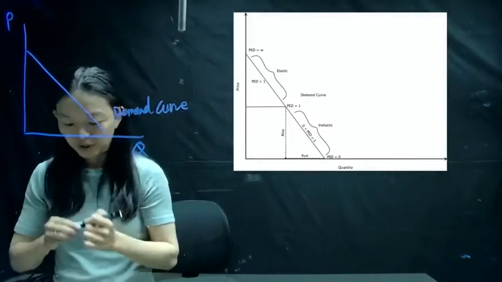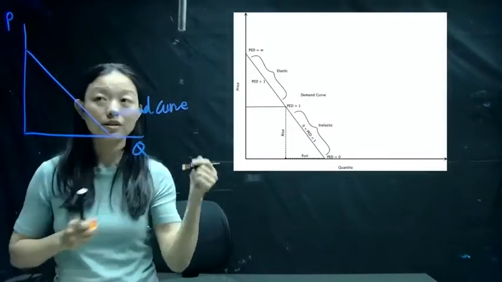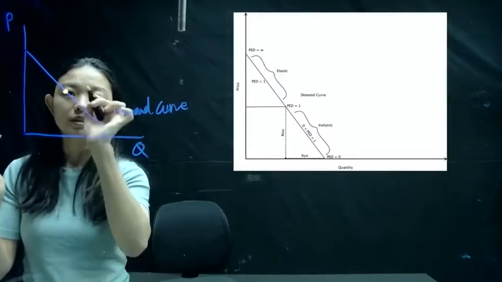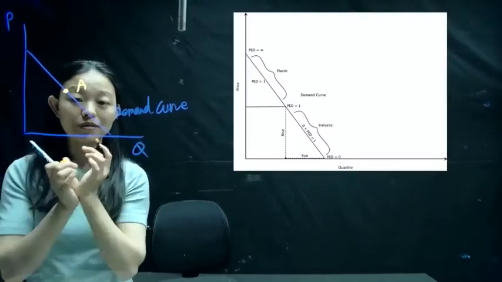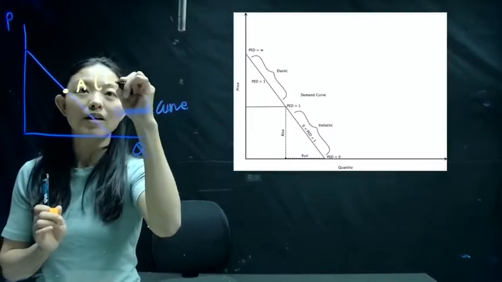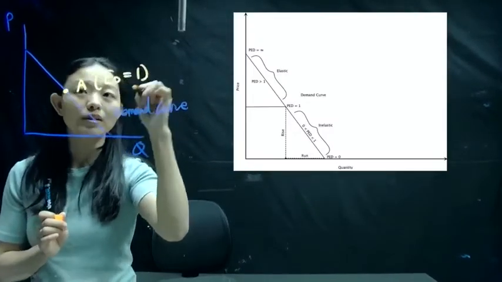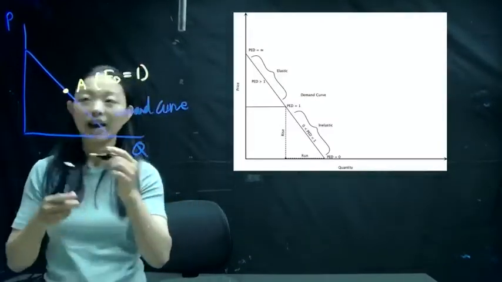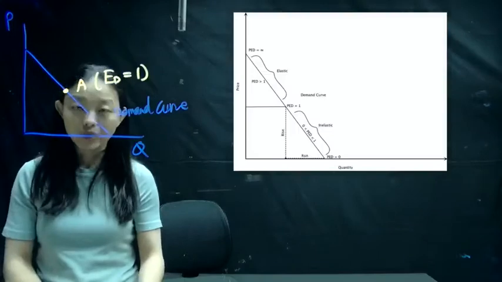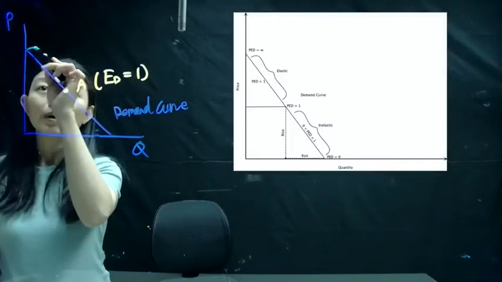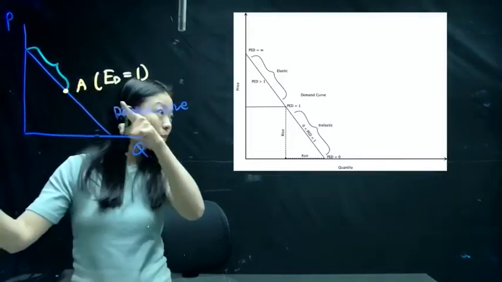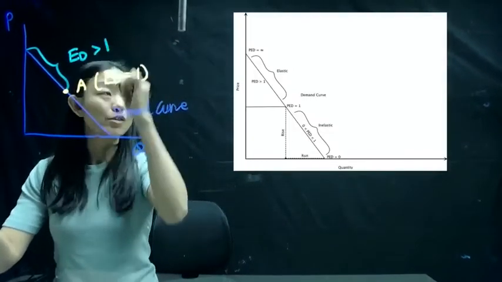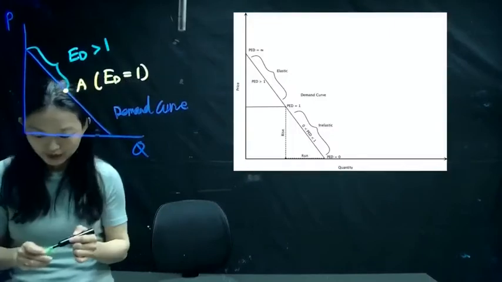In a demand curve, you can always find one point which will have demand elasticity equal to 1. And above this point, we have demand elasticity larger than 1, okay?